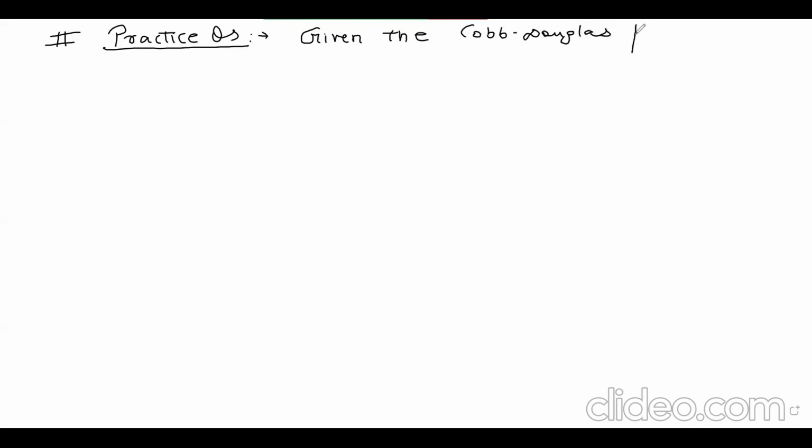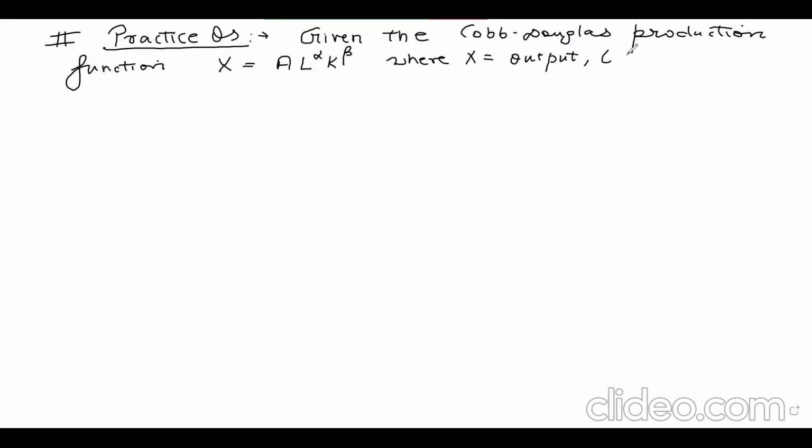this is something we do in our intermediate microeconomics course. Consider the Cobb-Douglas production function where output X is produced using the following function: A L to the power alpha, K to the power beta, where all of us know that X denotes output, L denotes labor, and K denotes capital.